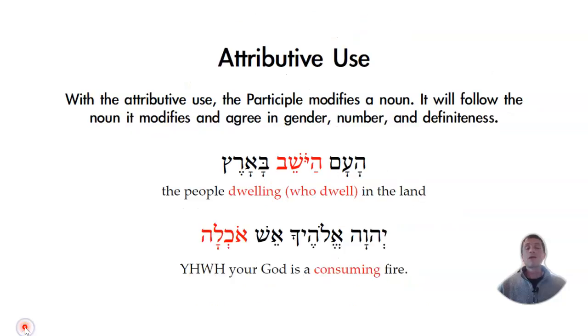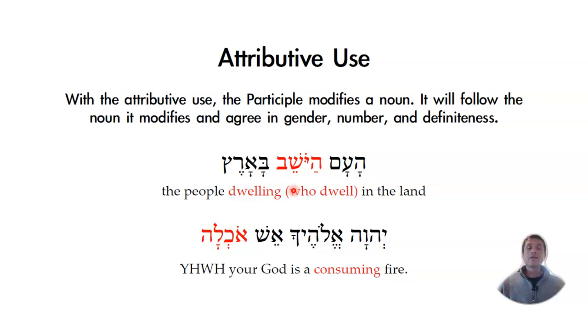Okay, participles can also be used like adjectives. In this attributive use, there's a couple of different ways you can translate it. So I thought there's two examples here. I think it's helpful to look at both of these. So in the first one we have ha'am hayoshev ba'aretz. The first thing I need to say is that when a participle is functioning like an adjective, it must come after the noun it modifies and agree with the noun it modifies in gender, number, and definiteness.